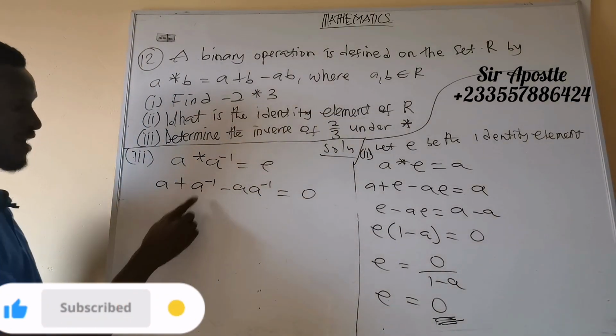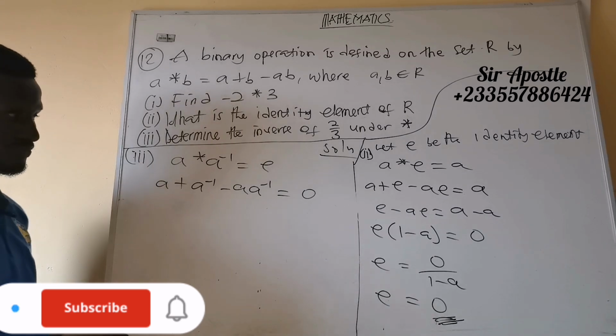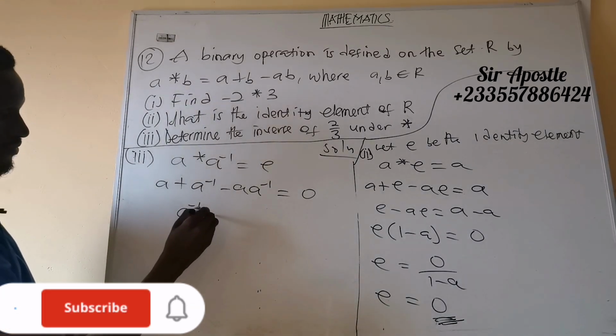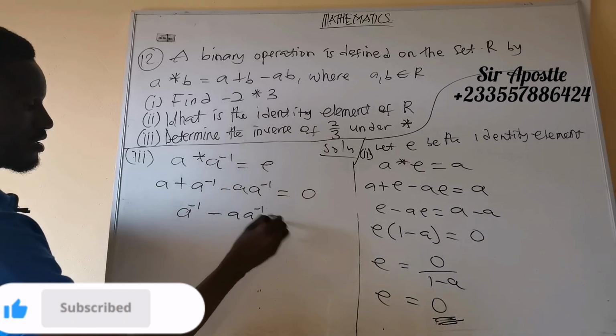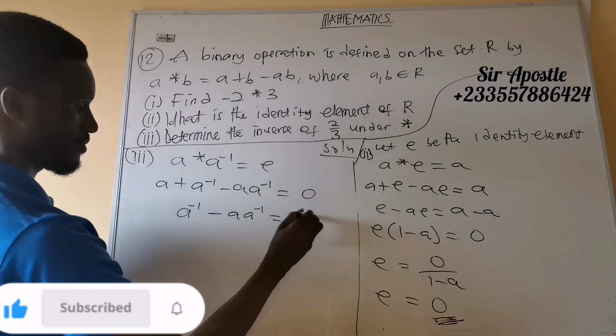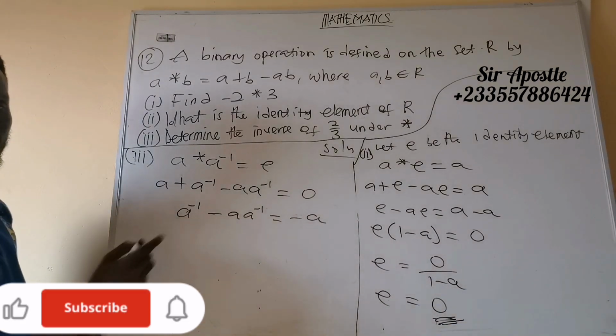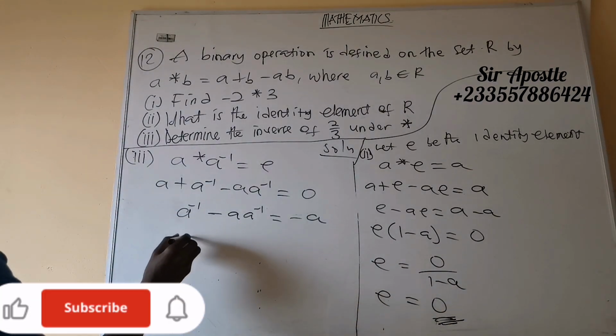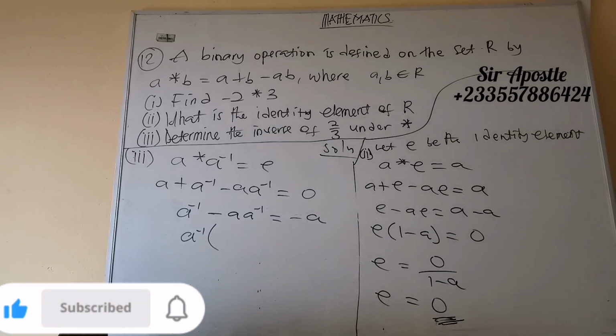Now at this point we have to solve for A inverse. So let's group like terms. This one will cross the equal to sign and become minus A. We can factorize A inverse out. So I'm going to get A inverse.